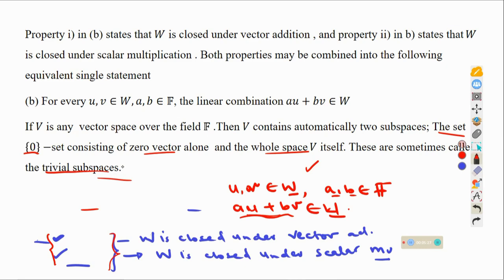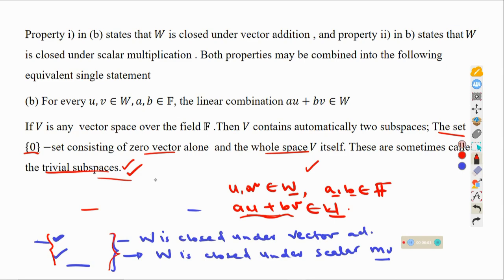So in case you are asked to give any two trivial or obvious subspaces, we shall always have the set consisting of 0 and the whole space V itself. But then we shall look at some examples of subspaces which are actually not trivial subspaces.